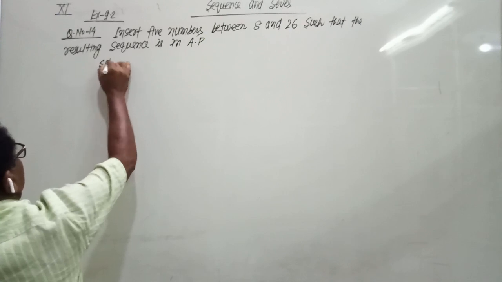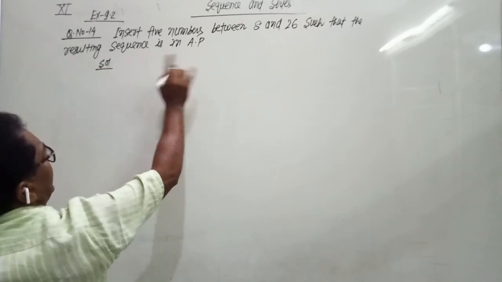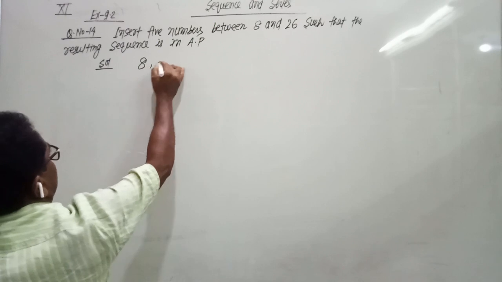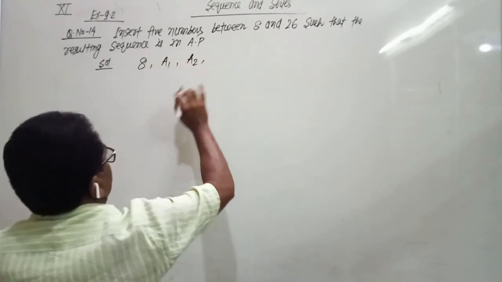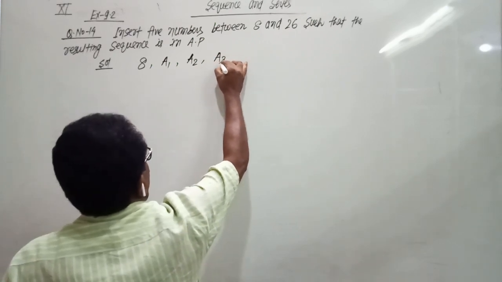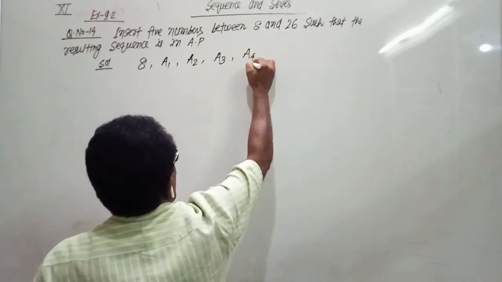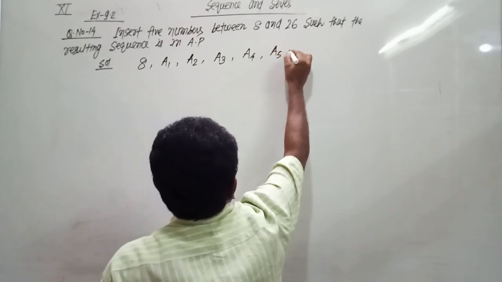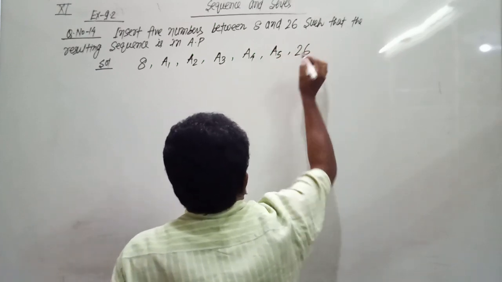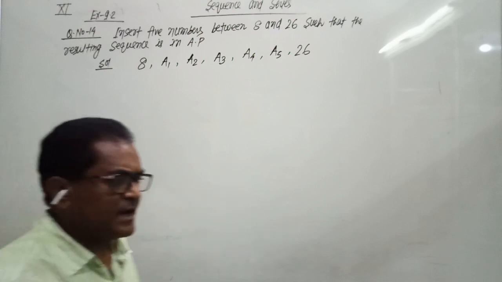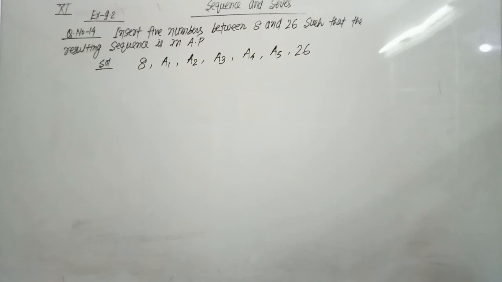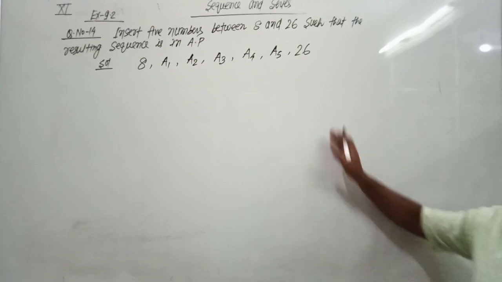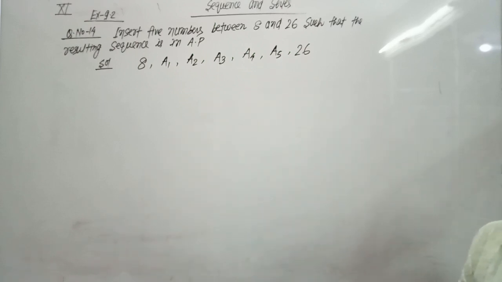So we are given two numbers, 8 and 26, and between 8 and 26 we insert 5 numbers, meaning 5 arithmetic means A1, A2, A3, A4 and A5, and the last number is 26. Between 8 and 26 we have inserted 5 numbers, and the resulting sequence is an AP.